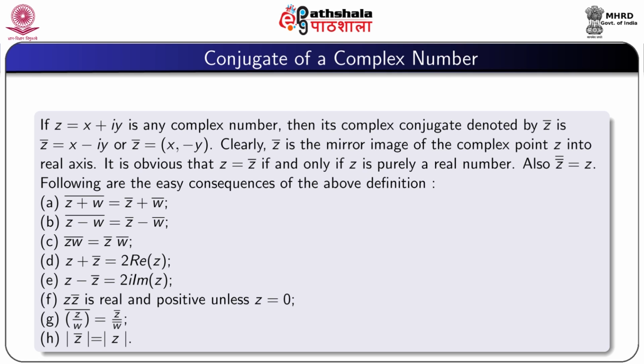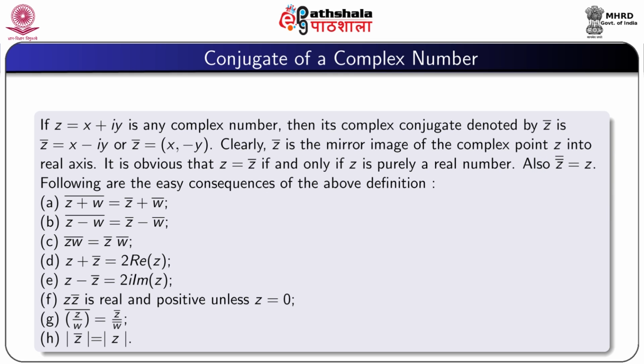Obviously, z bar is the mirror image of the complex point z in the real axis. It is obvious that z is equal to z bar if and only if z is a purely real number. Also, the conjugate of z bar is equal to z.